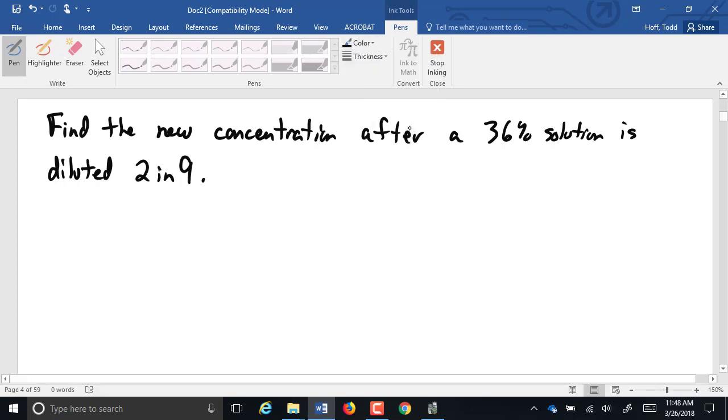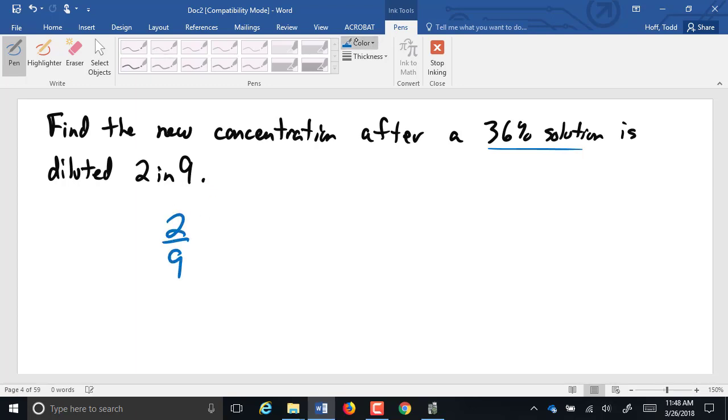So in other words, that 36% solution is taken through a 2 in 9 dilution. So we have a 2 in 9 dilution.